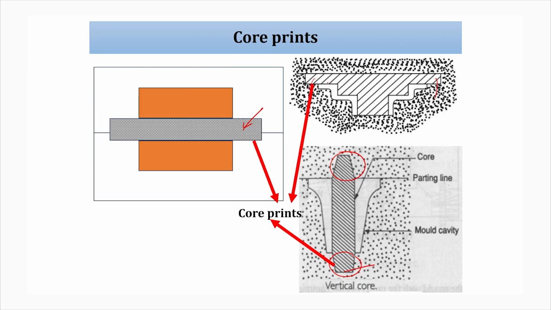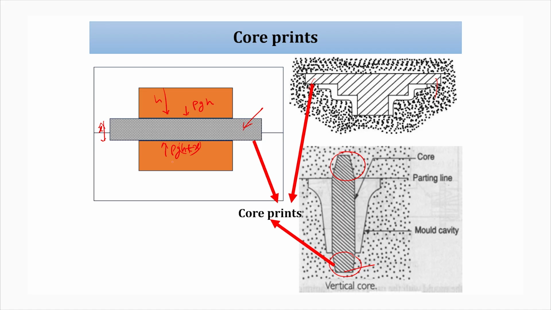Obviously, what is happening here? In the core, you are placing your core in molten metal. Let us assume this is x, so the pressure is rho g (h plus x), isn't it?